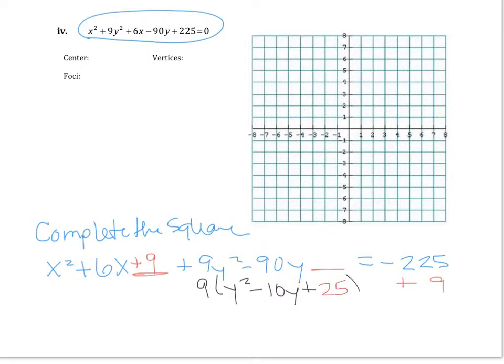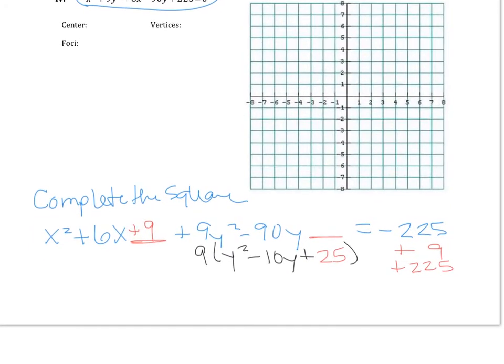But where we have to be careful is when we add on the right side of the equation, we have to notice that we're actually adding 9 times 25 to both sides. Because we factored out the 9, but really we didn't just add 25 to the left side, we added 9 times 25, which is 225. So I'm going to add 225 over here.